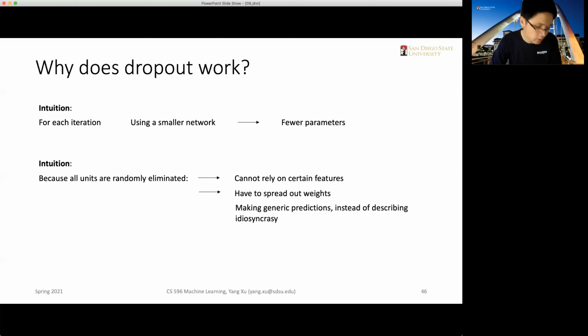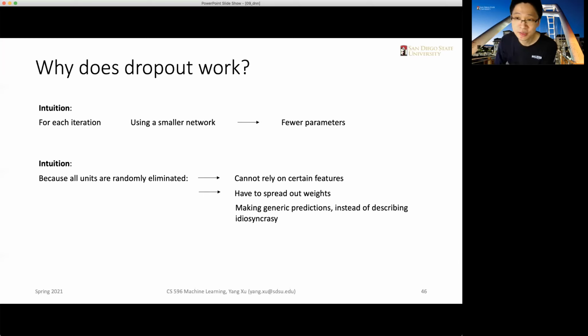And actually, in practice, the improvements from dropout are quite visible. When we apply some dropout units, we can see that the testing accuracy immediately increases, okay?